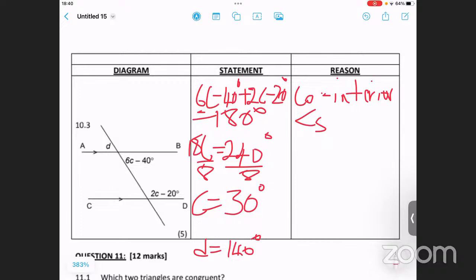And then you can see that your D is vertically opposite that angle. So that's why I said vertically opposite angles are equal. Okay, so 6 into 30 minus 40 is equal to 140, right? That's what you got. Yes, ma'am.